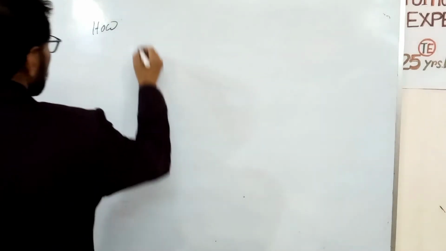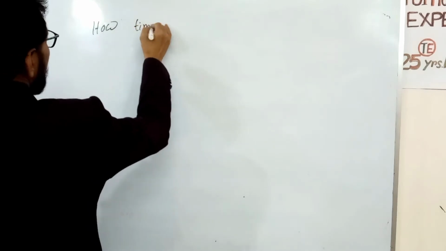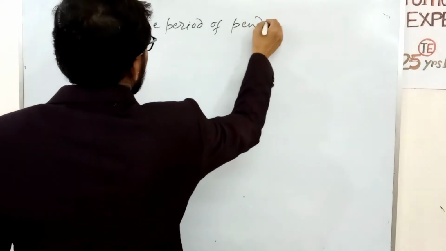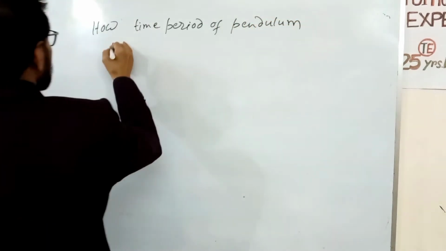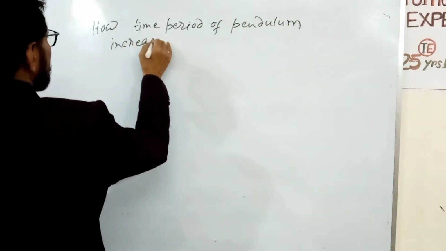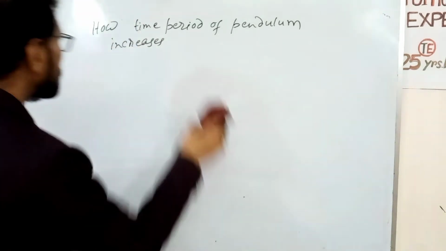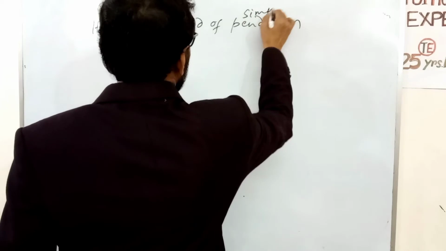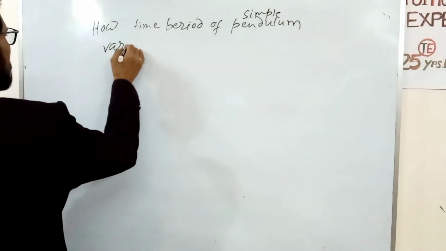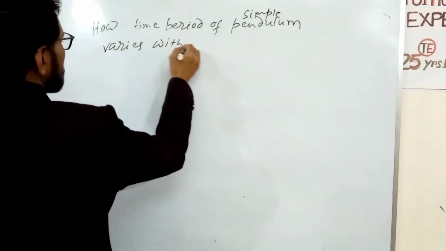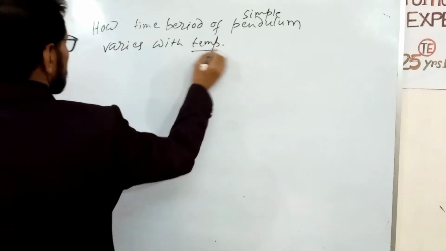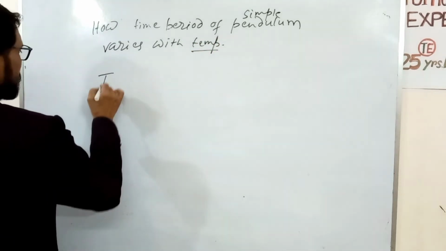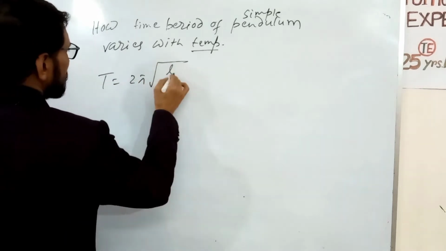The topic is how the time period of a simple pendulum increases with temperature. We know the time period of a pendulum is T equal to 2 pi root over L by g.